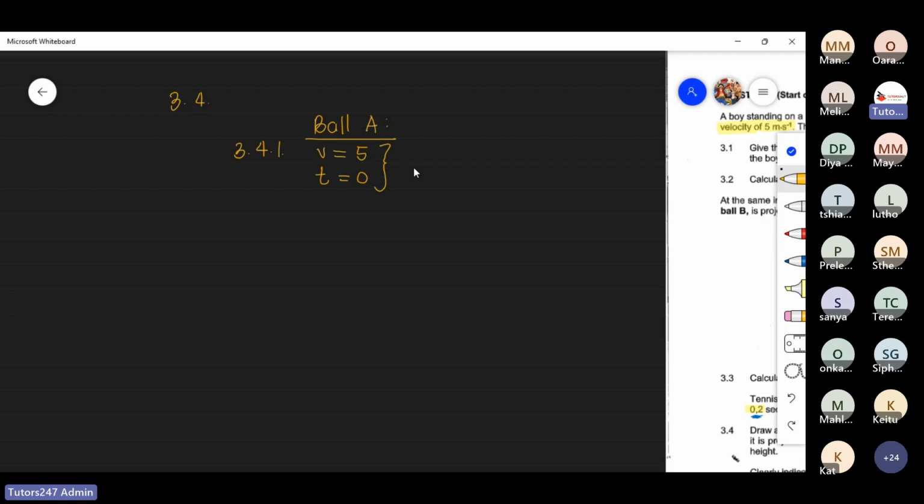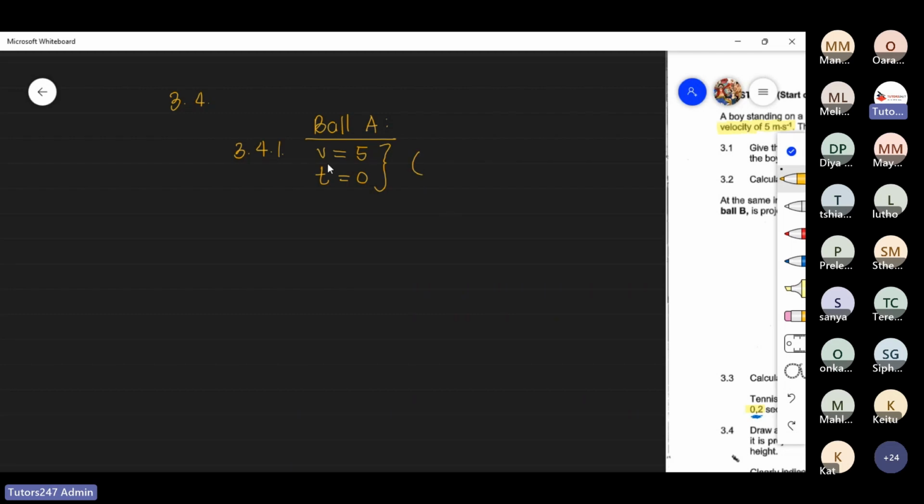Keep in mind our scenario starts at time t equals 0. Unless it's stated, maybe ball A was thrown 5 seconds after ball B was thrown, then it won't be 0, it would be 5 seconds. But because they've not stated anything to that effect, we assume it to be t initial equals 0 seconds.